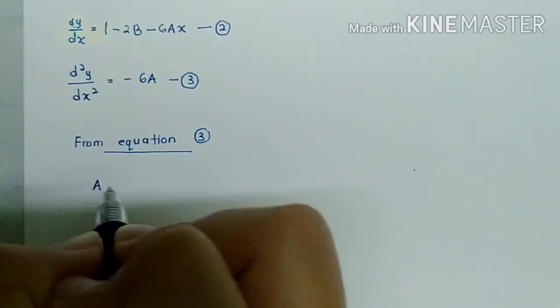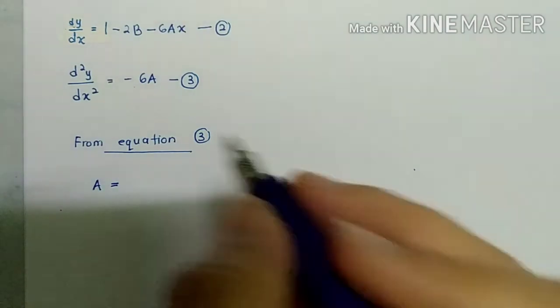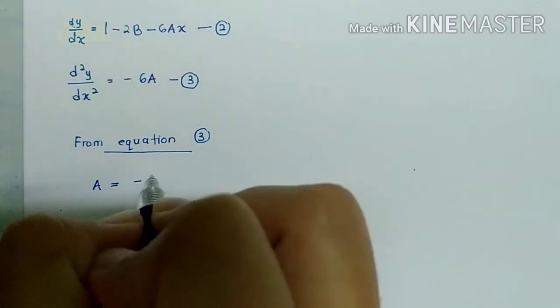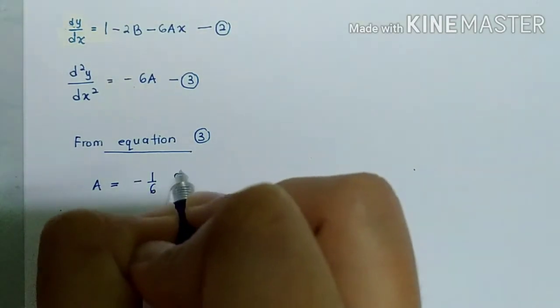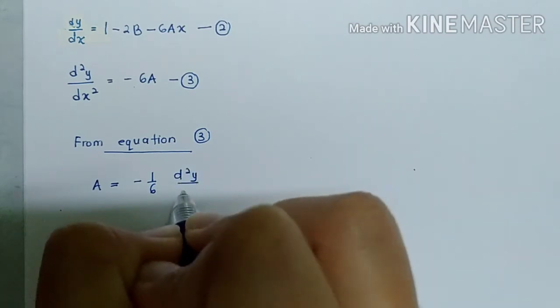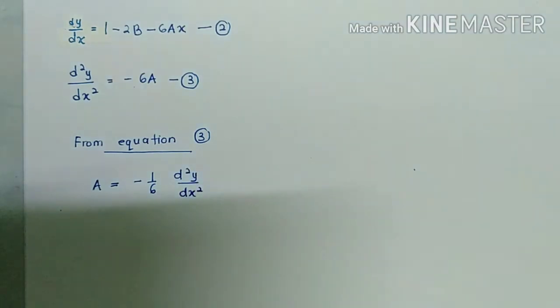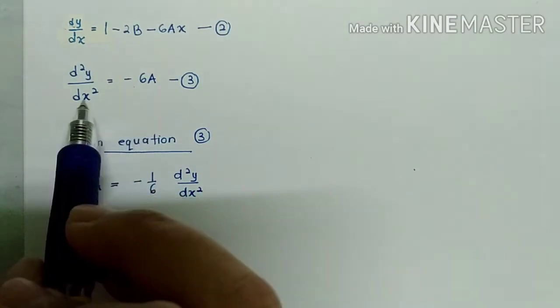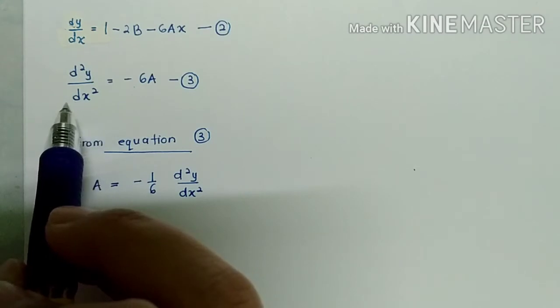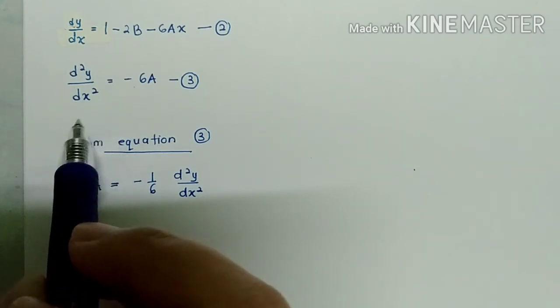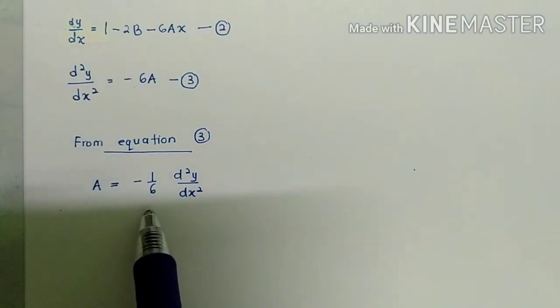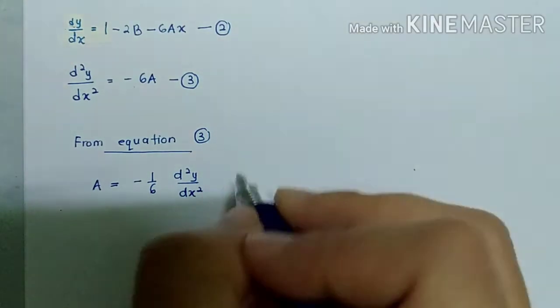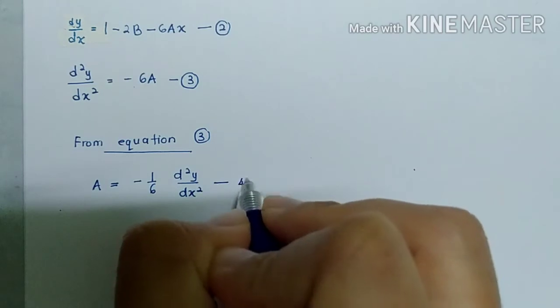So our a is equal to negative 1 over 6 d square y dx square. We transfer negative 6 to the left side, so it becomes divided by negative 6. So I just write like this, negative 1 over 6 d square y dx square. So this is our fourth equation.